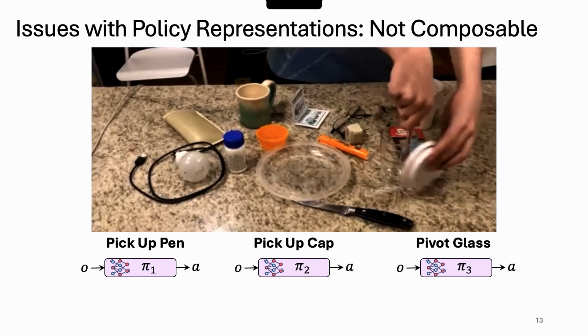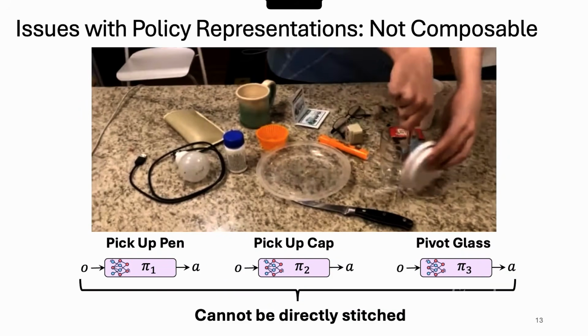The issue is that the particular way you pick up your pen actually should depend on how later on you want to pivot the glass, because not every grasping pose of the same pen or the same cap would work if later on you want to pivot the glass and then pick it up from the table. So this means that if you learn those 3 policies completely separately and directly just execute them one by one, you will not be able to solve the task. We call this that they cannot be directly stitched together to solve the final task. So this is one of the limitations: the loss of compositionality.